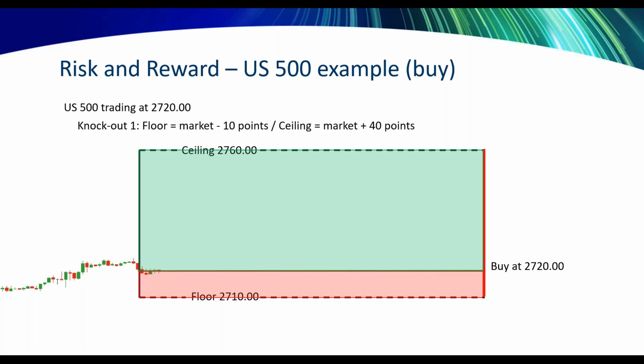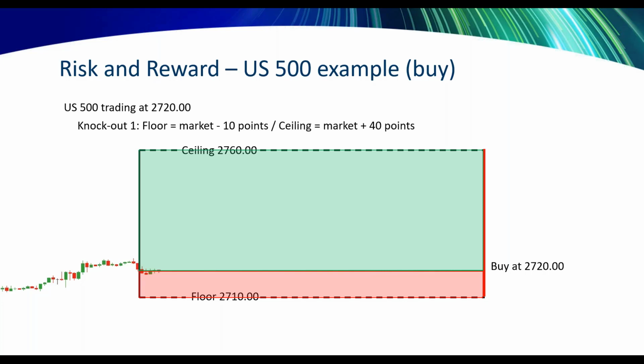If you're comfortable with a little bit more risk and you don't want to be too close to the floor and get accidentally knocked out, and you were to choose, say, knockout number 2, the red zone would be a little bit larger and the green zone a little bit smaller, and you could look at your risk reward ratio.